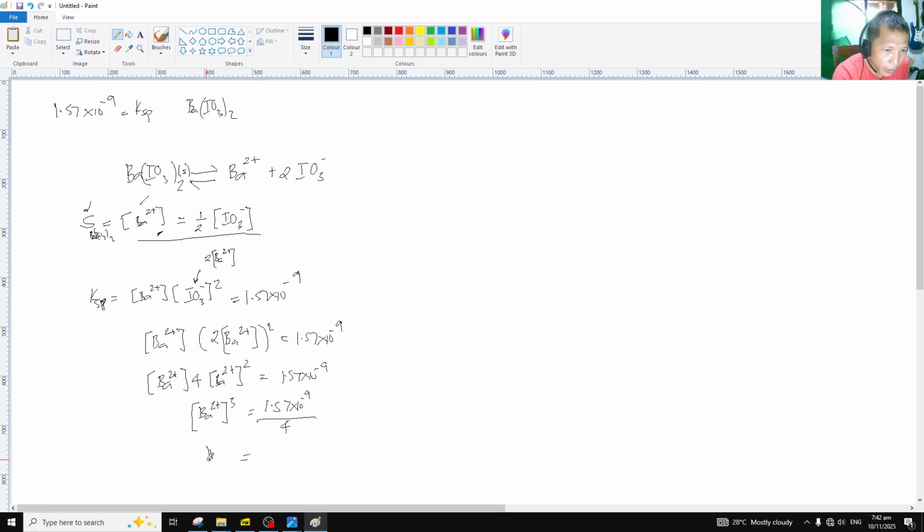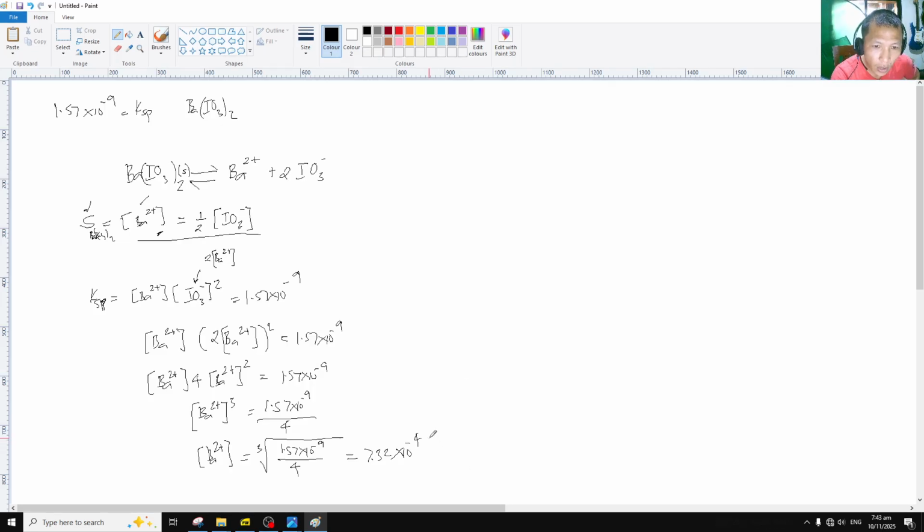Okay? So, by that, calculator na lang to, makukuha mo na yung concentration ng barium 2 plus, which is the cube root of 1.57 times 10 to the negative 9 all over 4. 1.57 exponent negative 9 all over 4. And that will give us 7.32 times 10 to the negative 4.